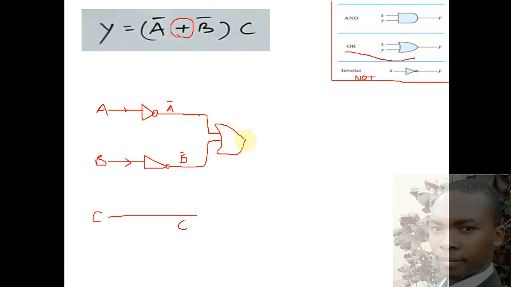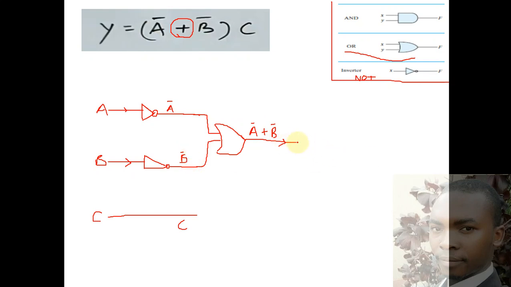What will come out here from the OR gate, friends, is going to be A bar, and then plus what? Plus B bar, the values that I have here.